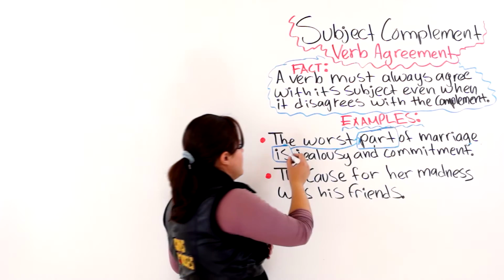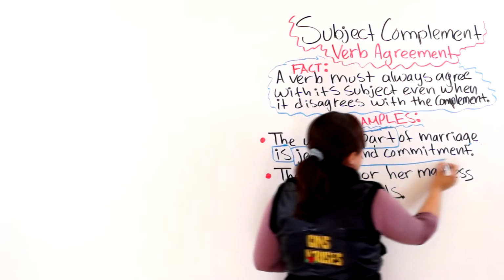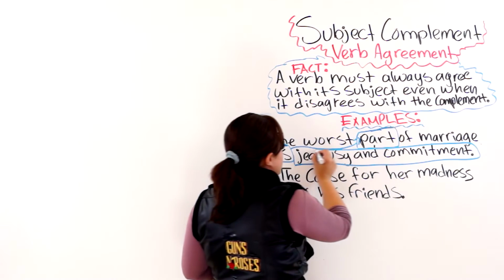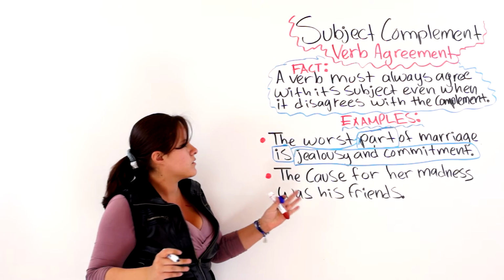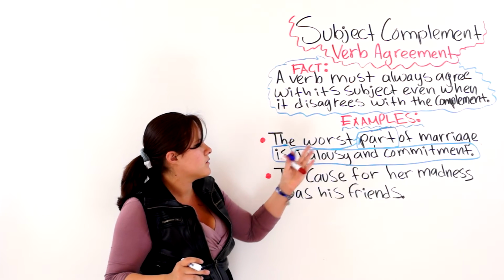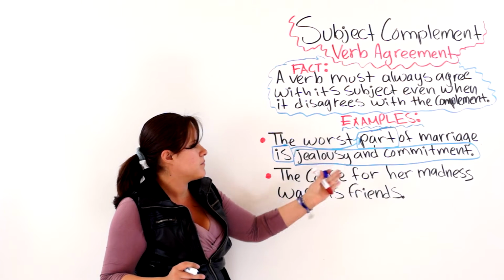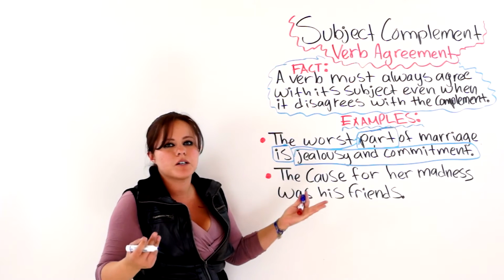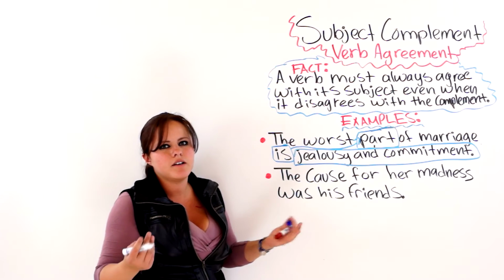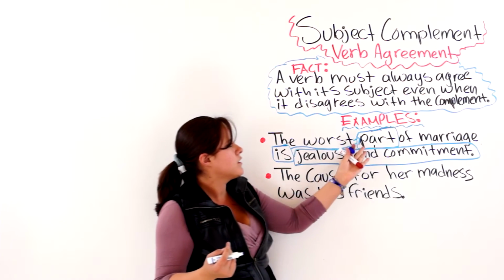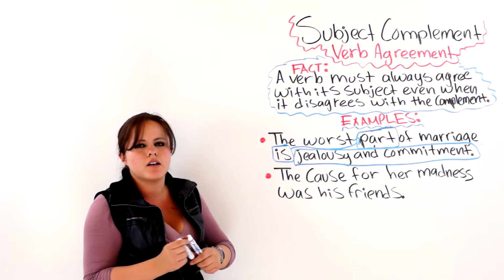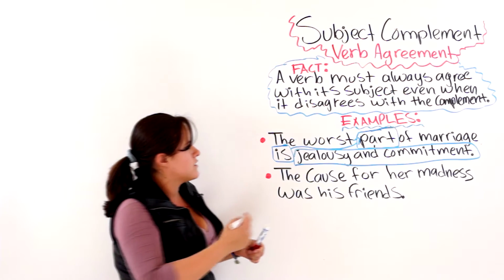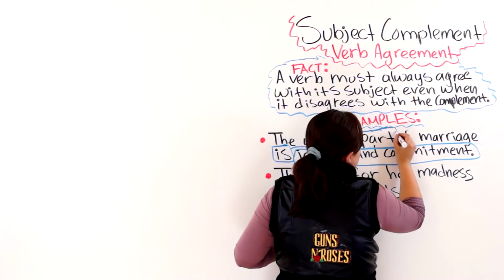And the subject complement is plural. We are talking about two things, jealousy and commitment. It sounds a little awkward because we say the worst part of marriage is jealousy and commitment, and it would look better if we said are, but we cannot because it must agree with its subject. So what we can do to avoid an odd or awkward sentence, we could just add an S here.